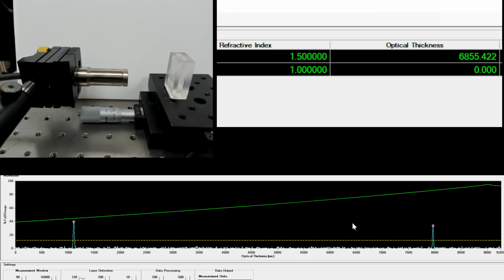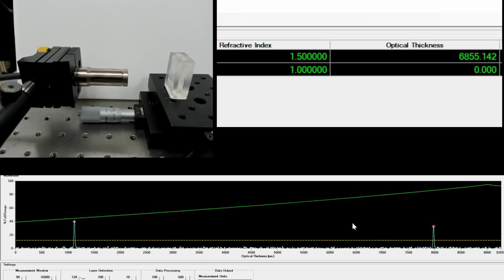So after a little bit of time, the saline that I've just created has a much different optical thickness than the water. Oh, darn it. It dropped back down. Well, 6,855 is the new optical thickness for this saline.